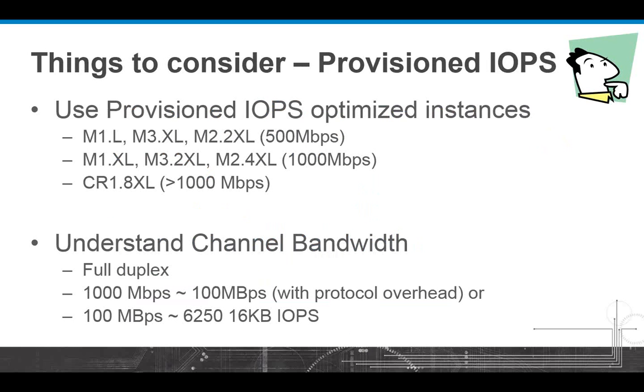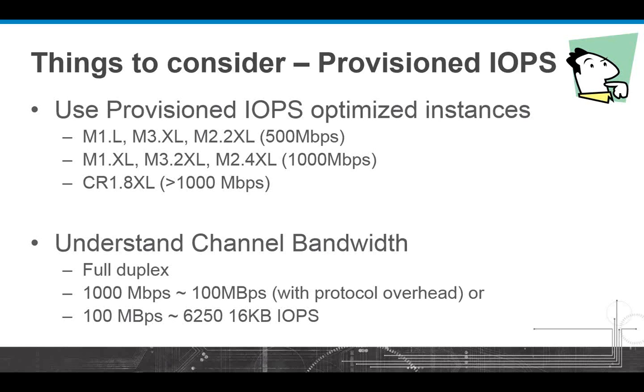Okay, so with that, I wanted to summarize some of the key things to keep in mind for provisioned IOPS. Make sure that you're using provisioned IOPS optimized instances. We have a range of instance types with different levels of dedicated bandwidth available to EBS, and all these are documented in our detailed pages as well.